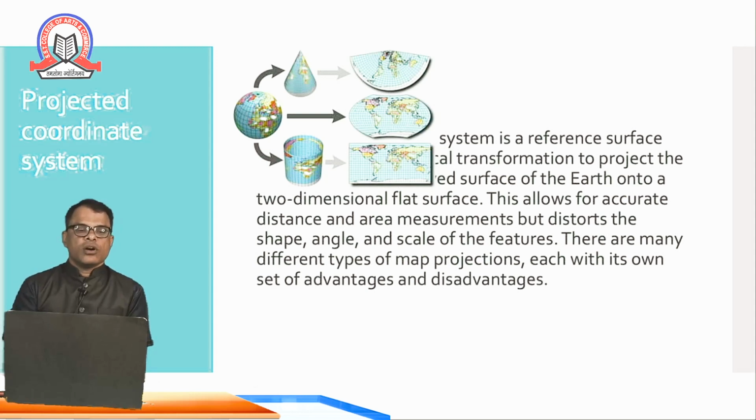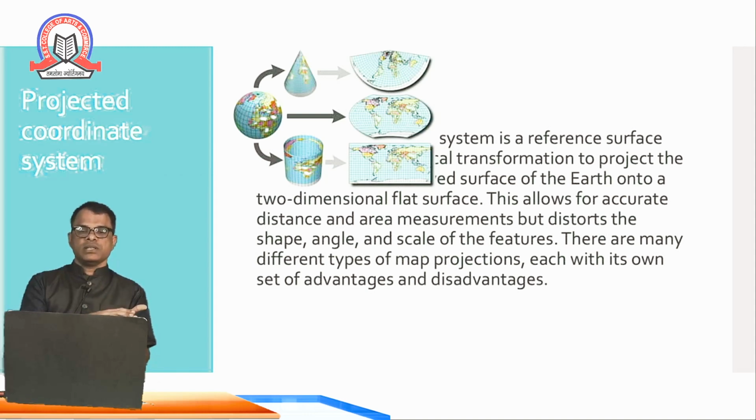Then the projected coordinate system. We have seen the geographic coordinate system. Now we are moving towards the projected coordinate system. Here the surface of the Earth is projected onto a two-dimensional flat surface.